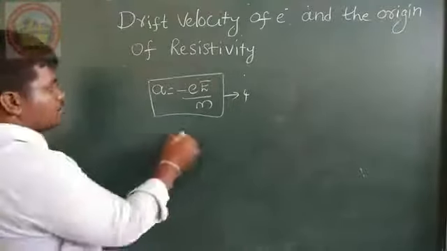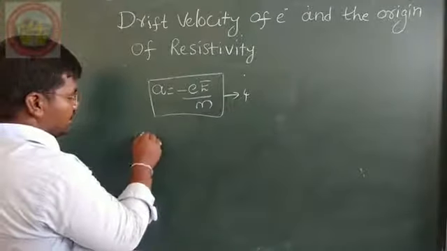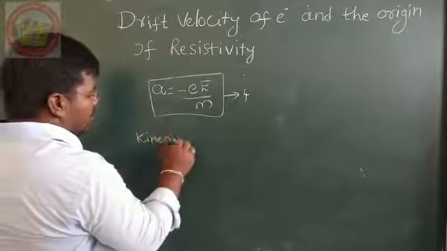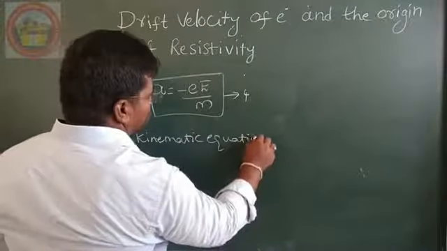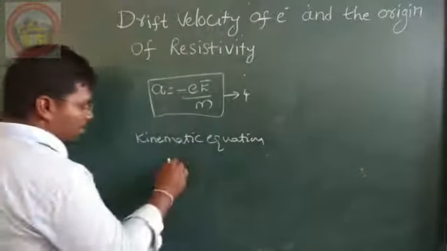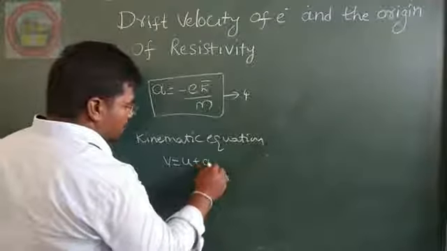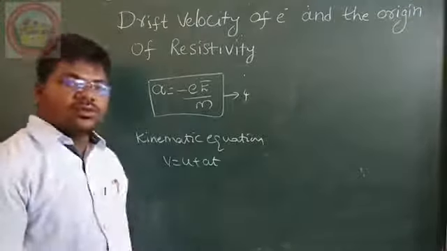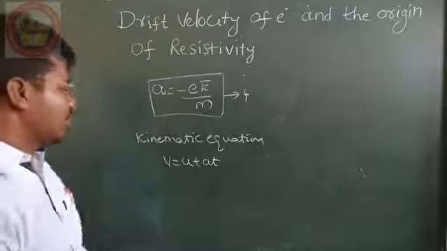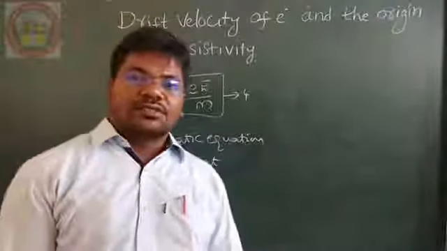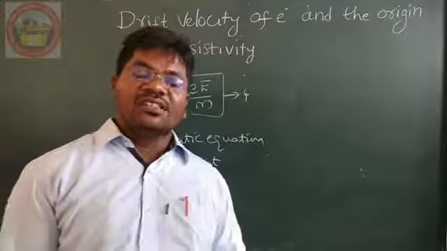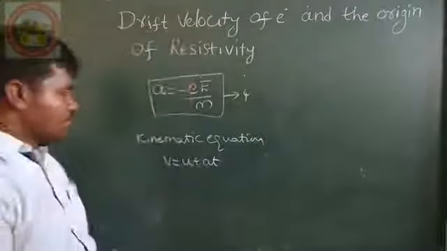According to kinematic equations, we know that v is equal to u plus at. Here we take the number of electrons.